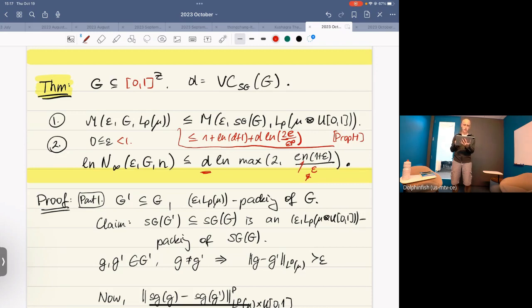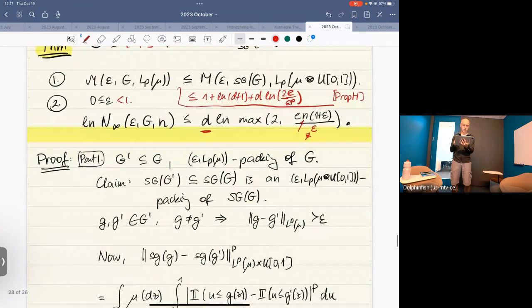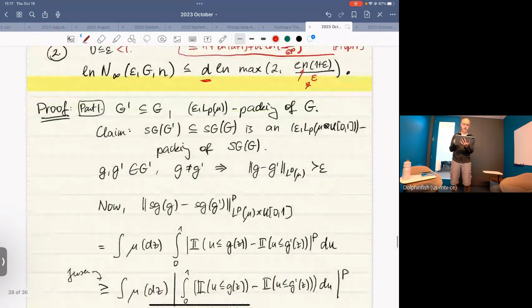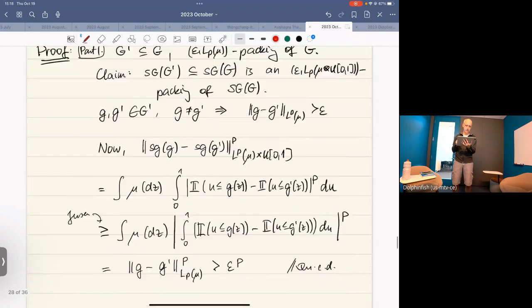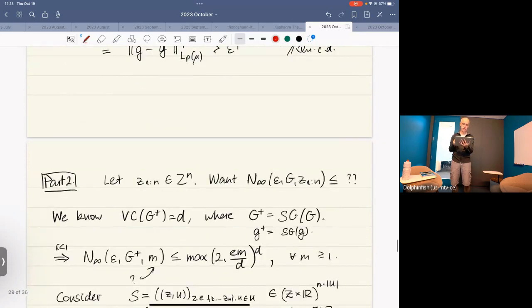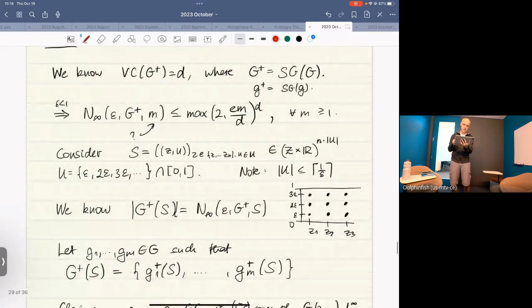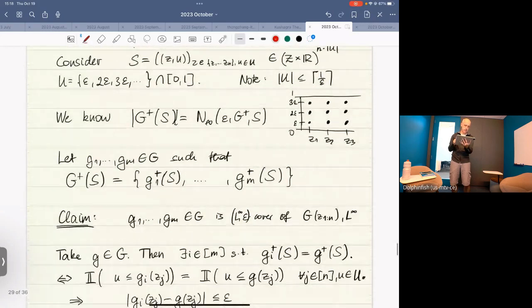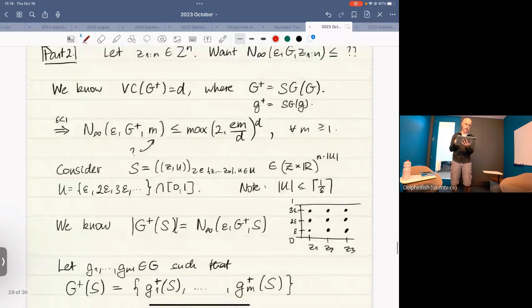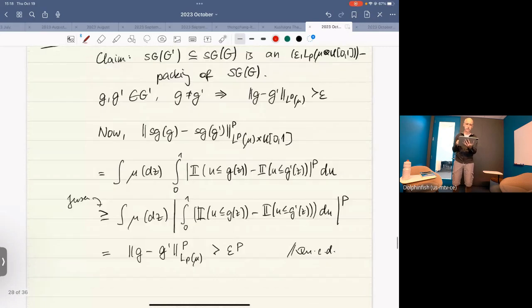So how do we prove these? Well, it's kind of just nice observations about how these metrics relate to each other and some Jensen. We'll see whether we want to come back to this. Maybe the second part is actually more insightful.